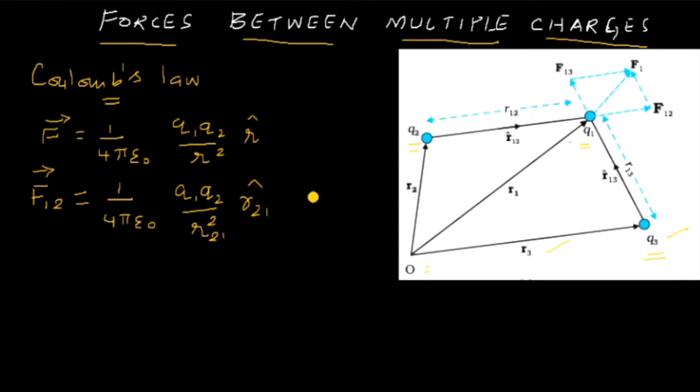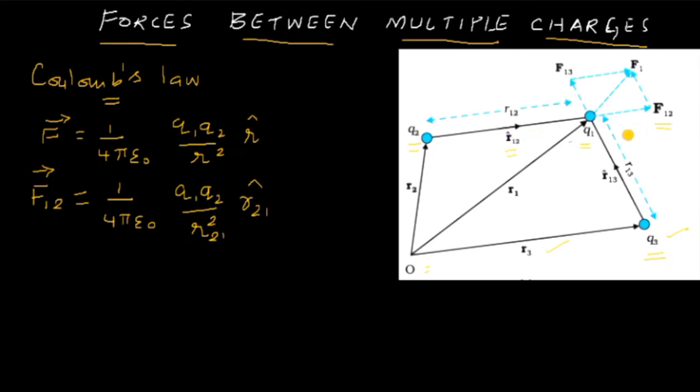In your textbook they will be writing R12, but in my context it is most convenient to write the unit vector R21, because the force originates from Q2 towards Q1, and that is represented as F12 vector. This is the most convenient format for writing the force.